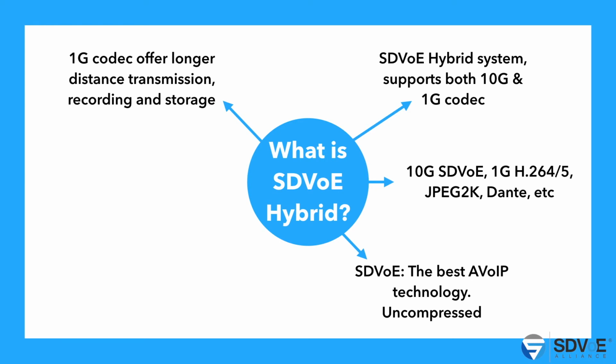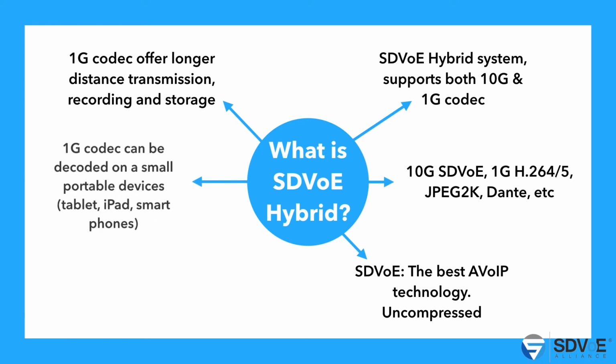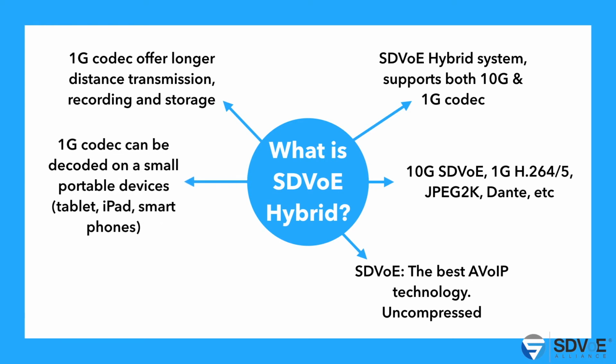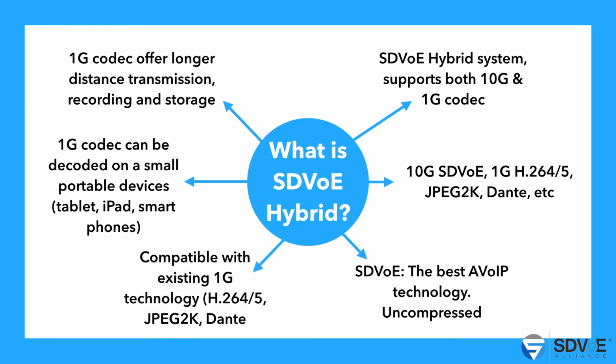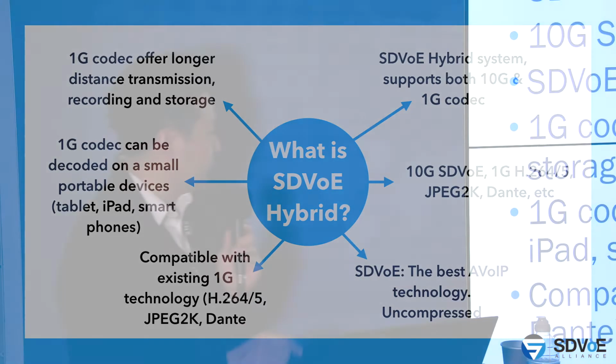And since it's a 1G signal, you can also decode it on portable devices like an iPad, tablet, or even your smartphone. So you can have the advantage of both 10G and 1G solutions in a single box.